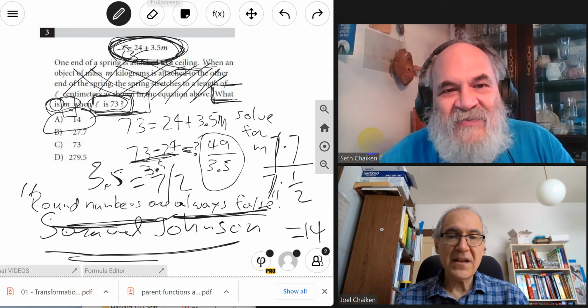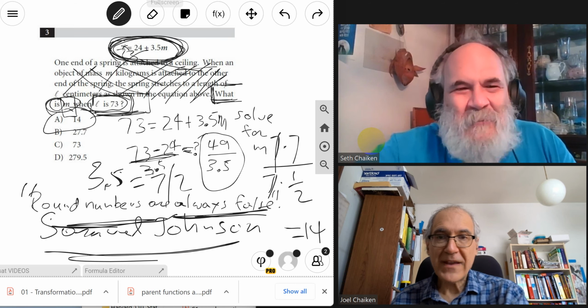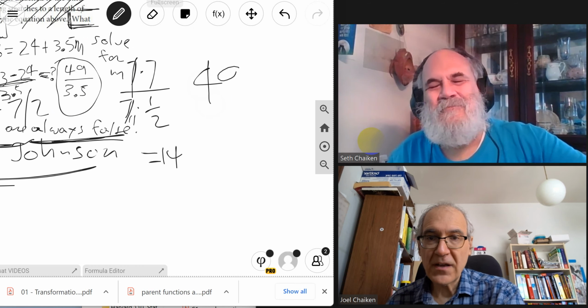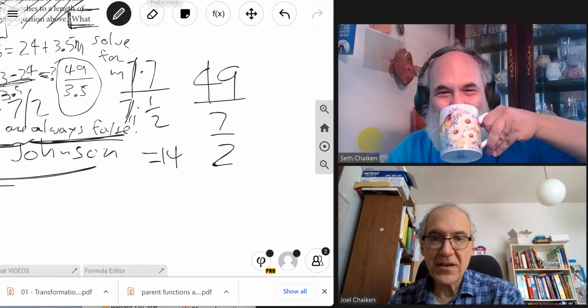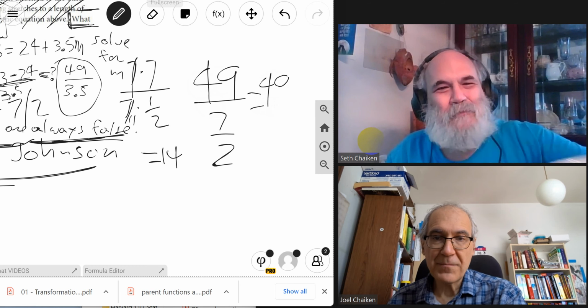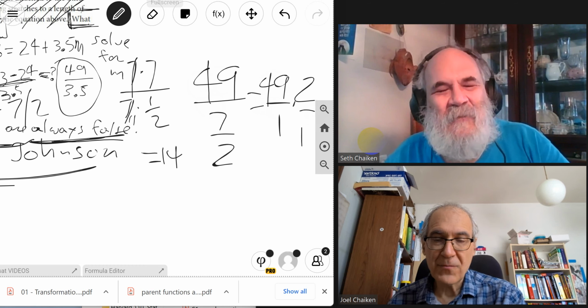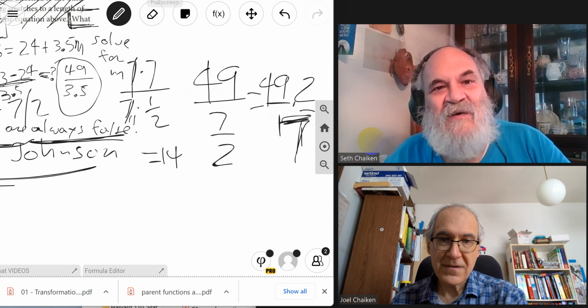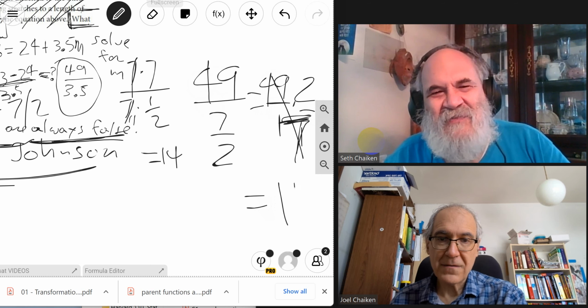Oh, so I could have written 7 halves there. Right. So then this would have been 49 divided by 7 divided by 2, where we know the complex fraction is 2 divided by 1. Wait, but I did something wrong. You forgot... there you go. Now I could divide the 7 out of 49.